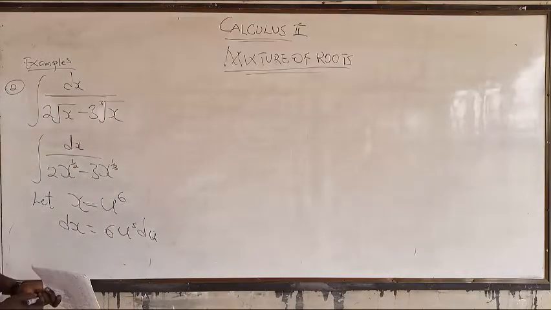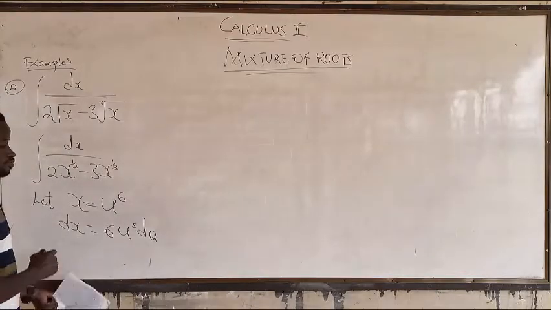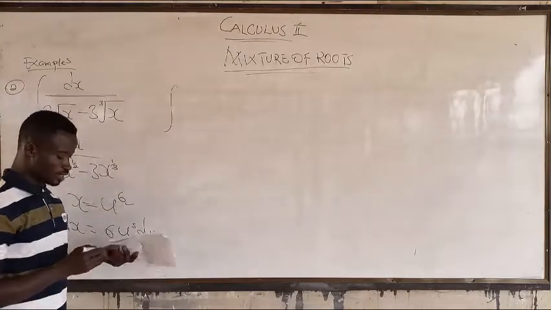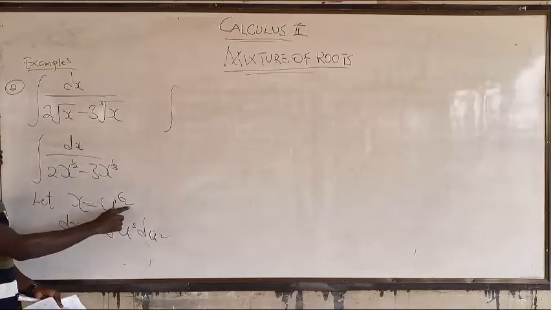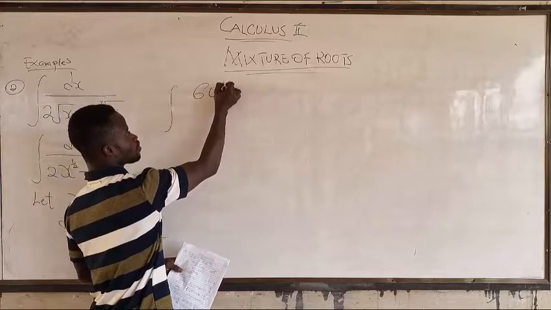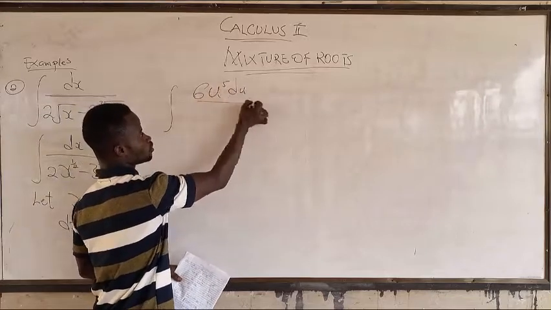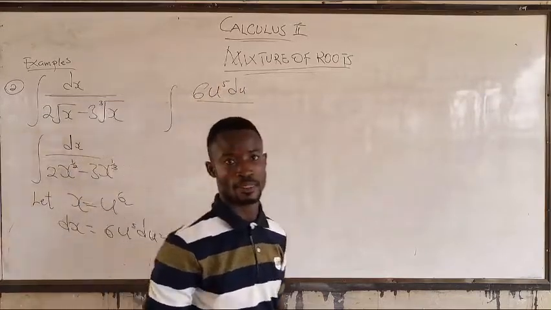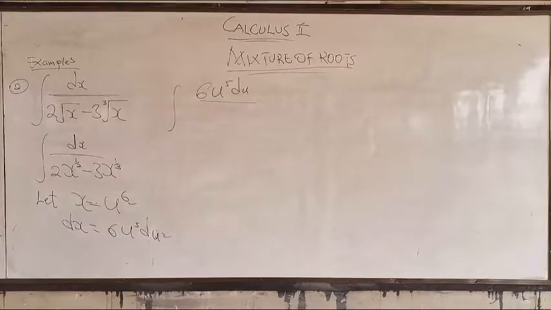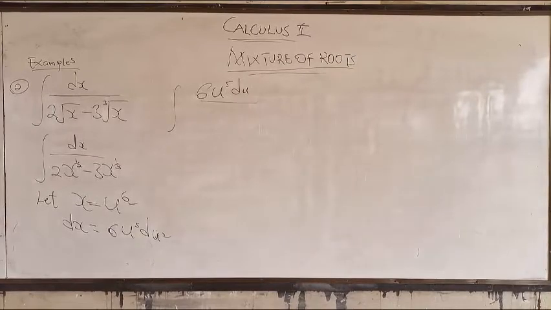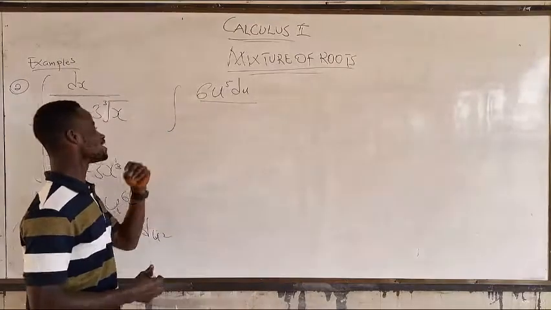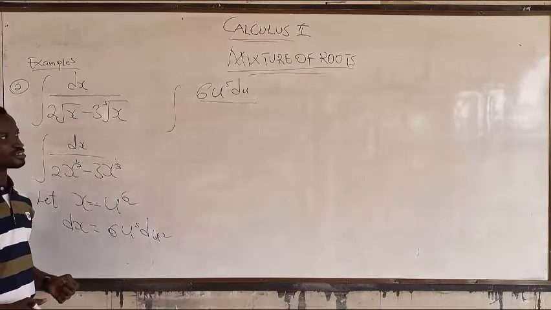After you are done, then you do the substitution of this and that. We know that our dx is 6 u to the power 5 du. So we have the dx to be this.